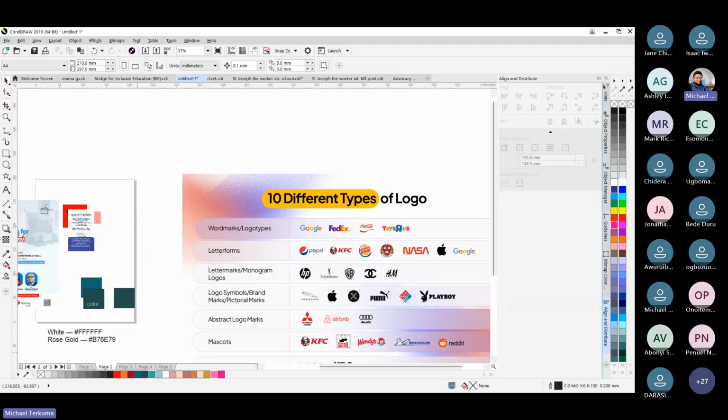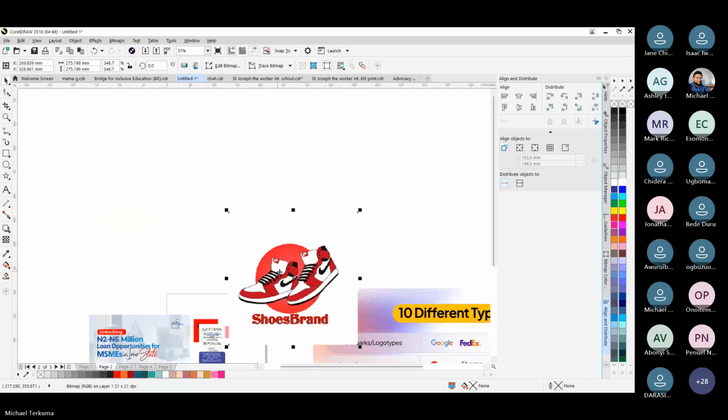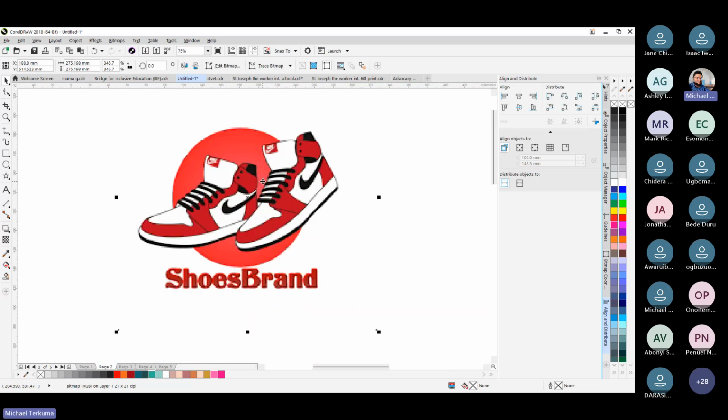For instance, if you have a brand and it's just shoes, if you have a logo like this for a brand, and tomorrow you start saying you want to be selling cars, this logo won't suit cars.